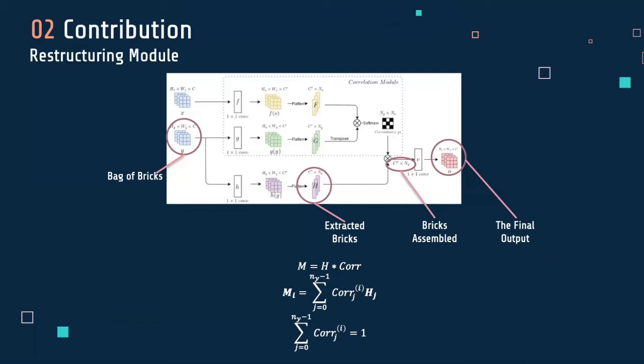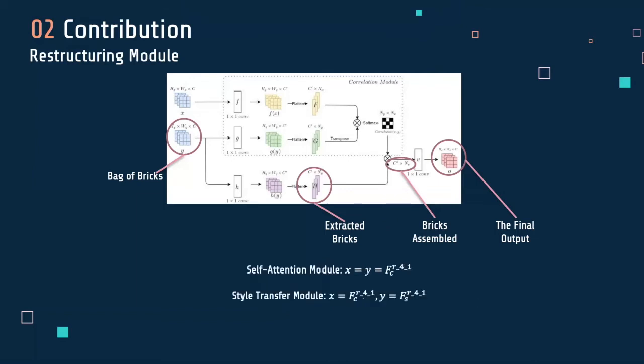So the correlation ij also represents the relative frequency of the input patch j that is used to restructure the i-th patch in the output. So the matrix multiplication can be understood as a procedure to assemble the bricks.